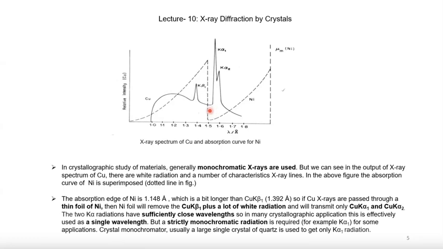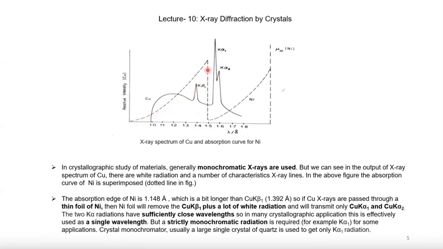We can see that nickel has a K absorption edge at 1.48 angstrom. Here is the wavelength of K beta, and we see that nickel has an absorption edge of 1.48, a bit longer than copper K beta 1.